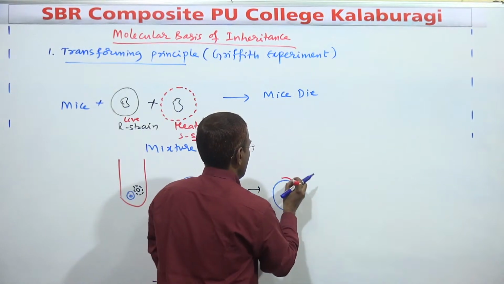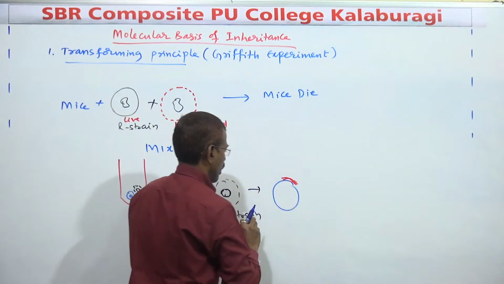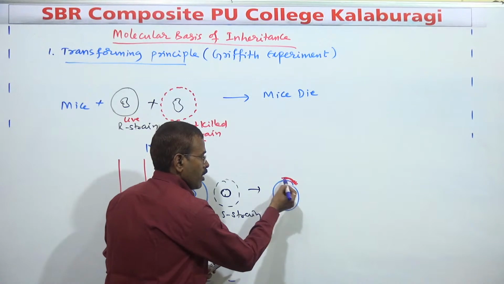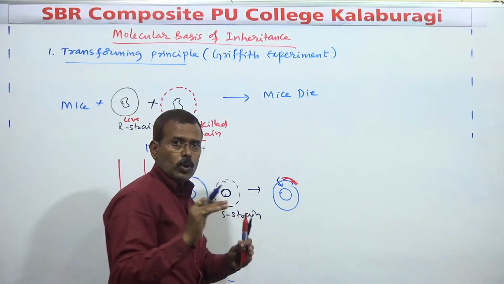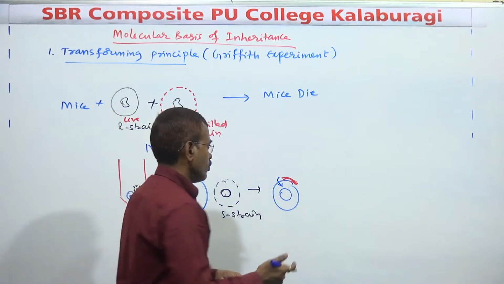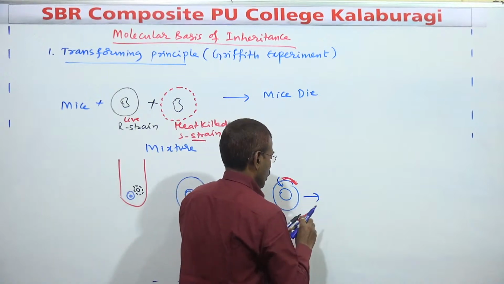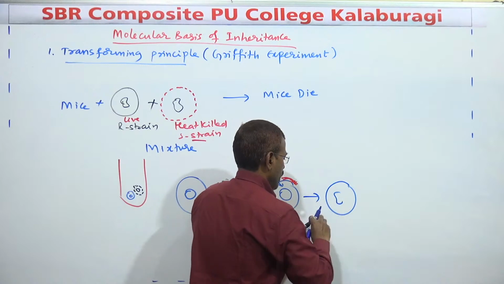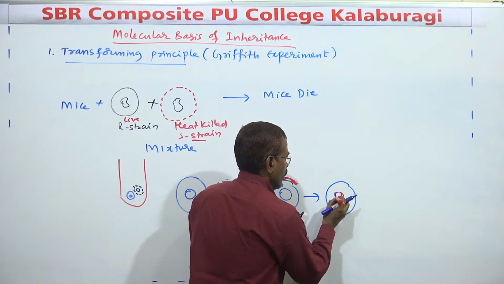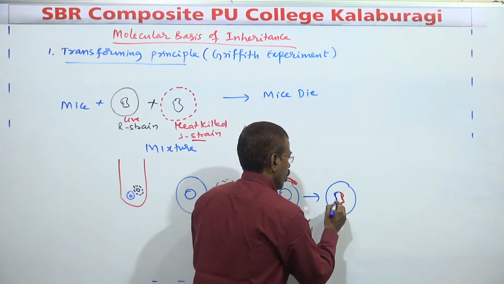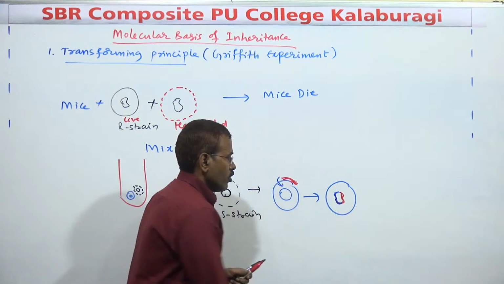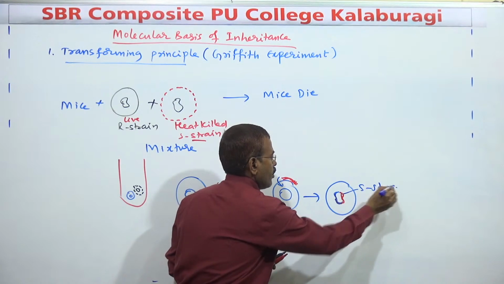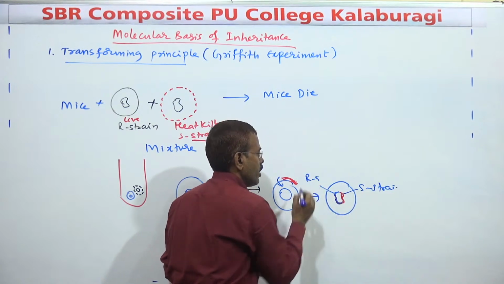The genetic material will first lie on the surface of the R strain. Then this genetic material enters into the rough strain and integrates with the genetic material of the R strain. So this is S strain genetic material, and this is R strain genetic material.